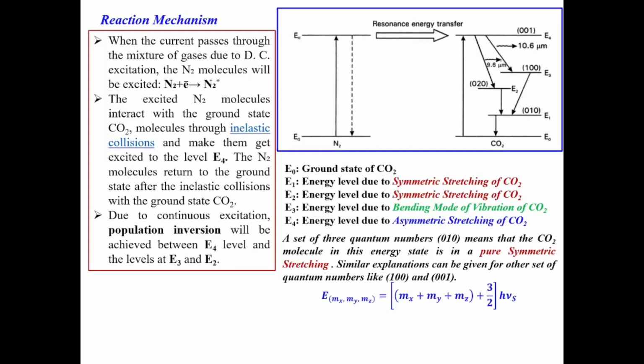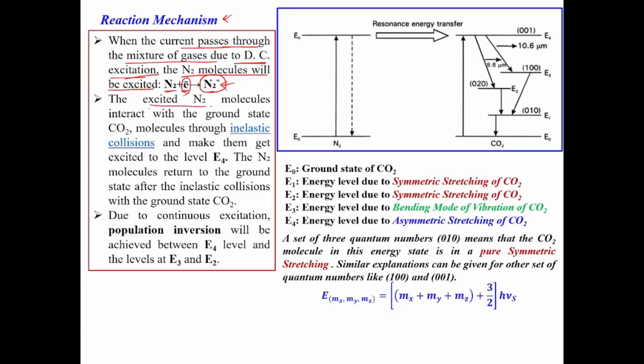Now we are going to go through the reaction mechanism of this carbon dioxide laser system. When current is passed through the mixture of gases, due to DC excitation, which means a discharge happens, the nitrogen molecules will be excited by capturing an electron. So here a nitrogen molecule captured one electron and is formed as N2 star, which represents the excited nitrogen molecule.